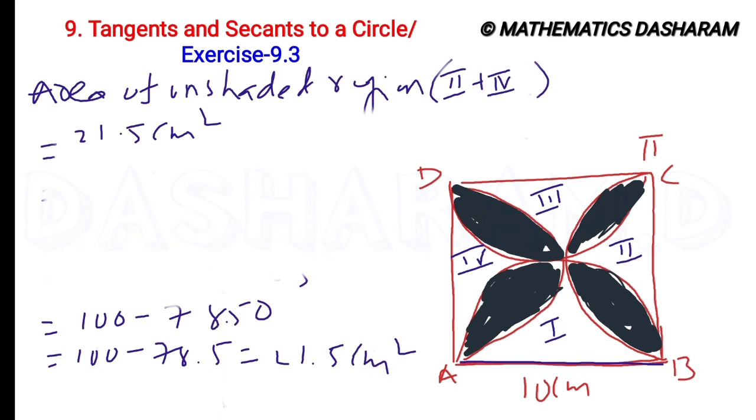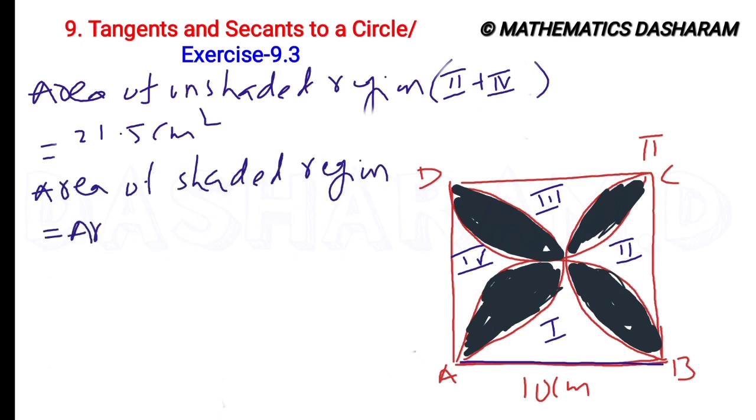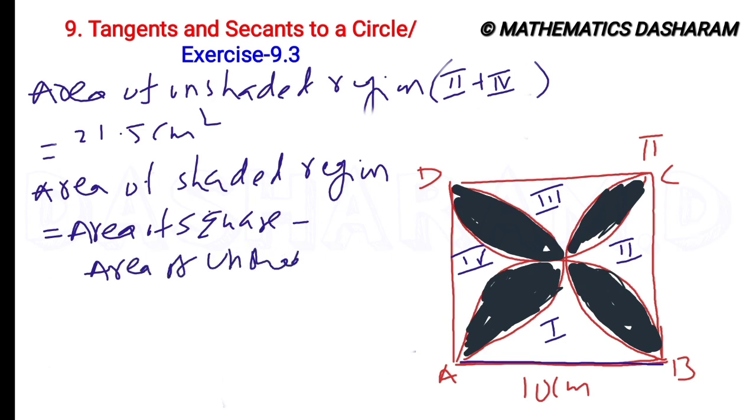So let us find out the area of a shaded region equals to area of a square minus area of an unshaded region. What are the unshaded regions? 1, 2, 3 and 4.